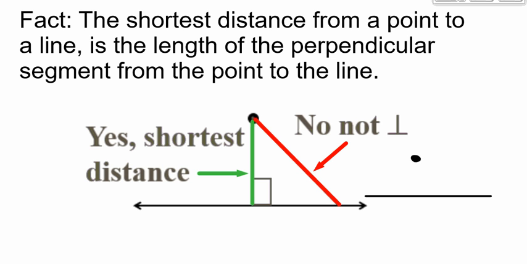If I wanted to find the shortest distance from that point to that line, the way that I would do that is to drop a perpendicular, and that would give me the shortest distance. For example, if I drew a line over here, that's a little bit longer than the other segment that I drew. So just FYI, the shortest way you can get from a point to the line is to drop a perpendicular to it.